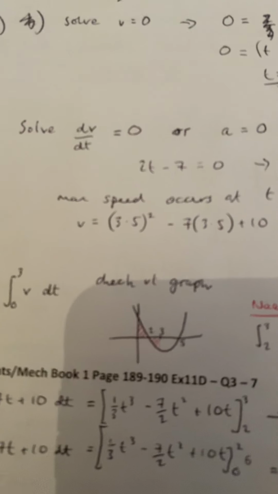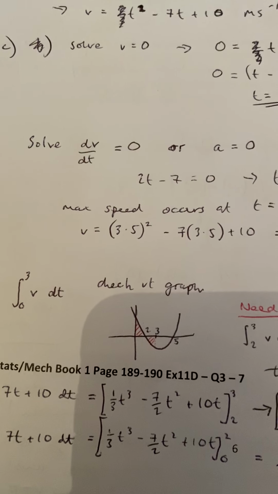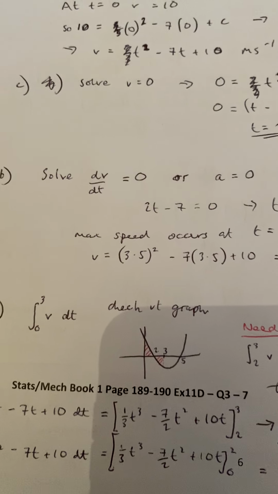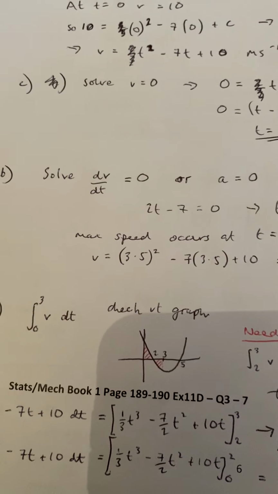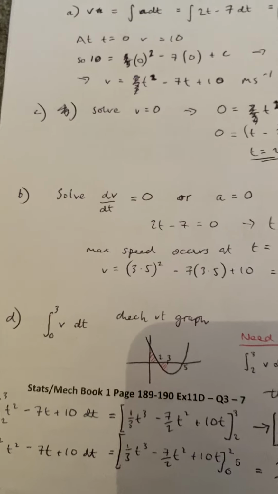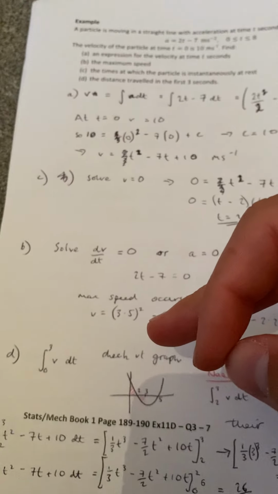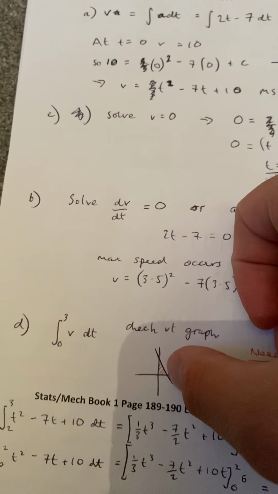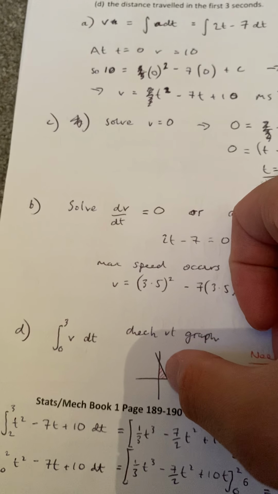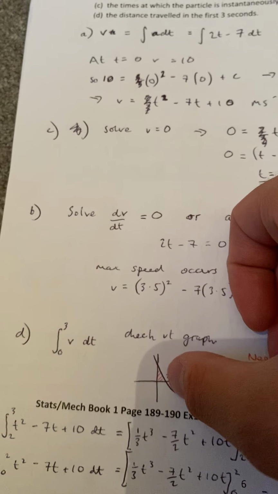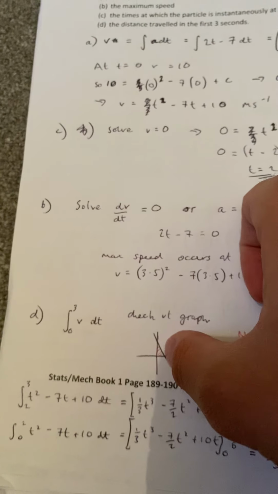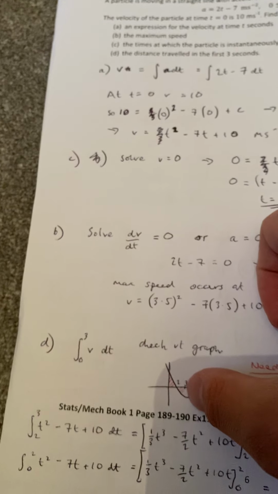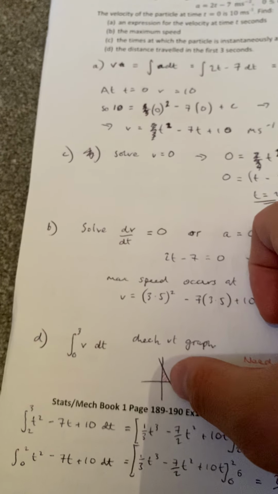In that interval between 0 and 3 seconds, we go above and below the axis. So to get the correct distance, we're going to have to work out how much distance we have between 0 and 2 seconds using definite integration, as well as between 2 and 3 to get that area as well.